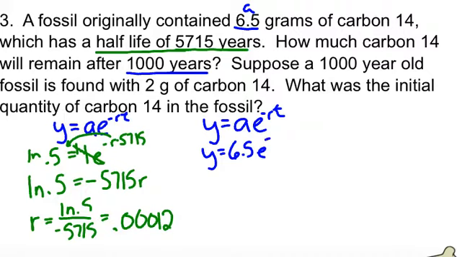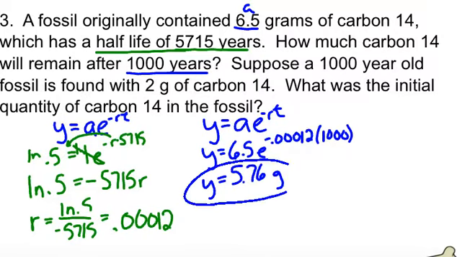Our rate is negative 0.00012, and we have 1,000 years. So we plug that into our calculator, 6.5 times e to the negative 0.00012 times 1,000, and we end up with 5.76 grams. So that answers the first question they asked us.